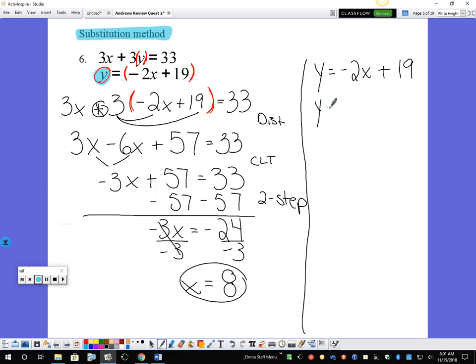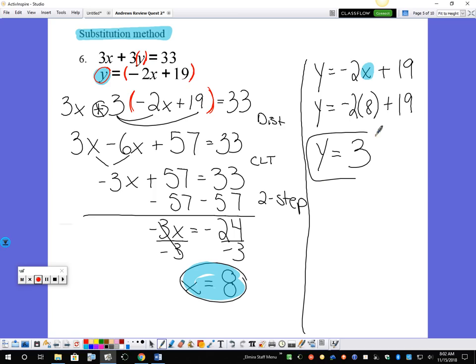I just found out x was 8, so I will sub that in for x here. So negative 2 times 8 plus 19. Negative 2 times 8 is negative 16 plus 19 is a positive 3. You can either do that in your head or use your calculator. Okay, so I now have my solution as x equals 8 and y equals 3.